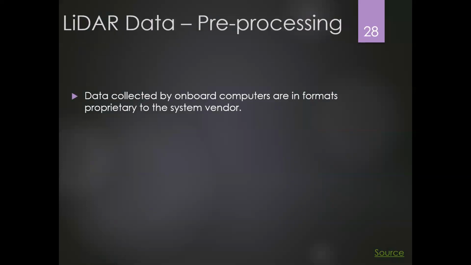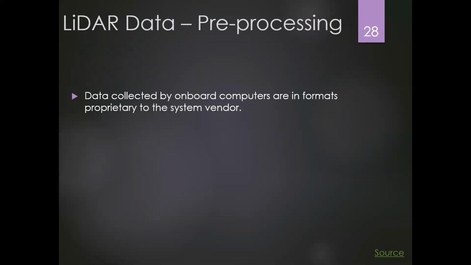And pre-processing means that the processing happens in the field, on the plane. I think I mentioned before that there is always a computer system connected to the sensor in the field, and this computer system can do some pre-processing.